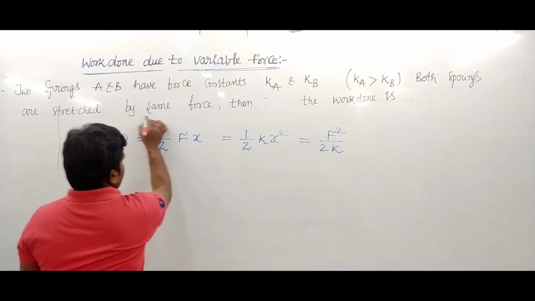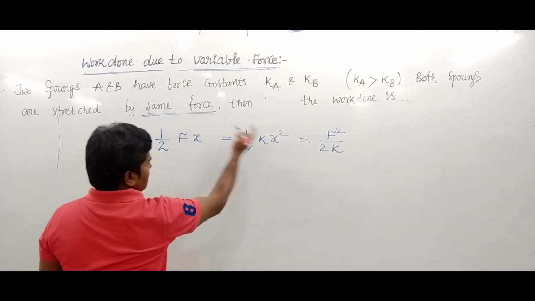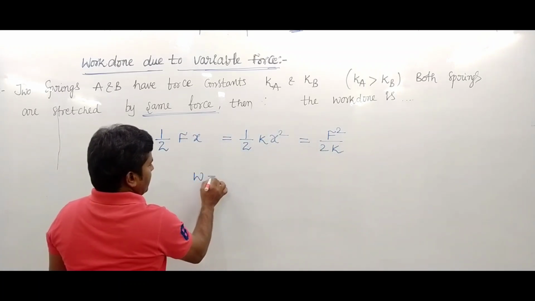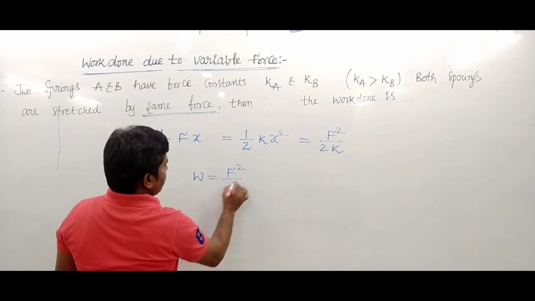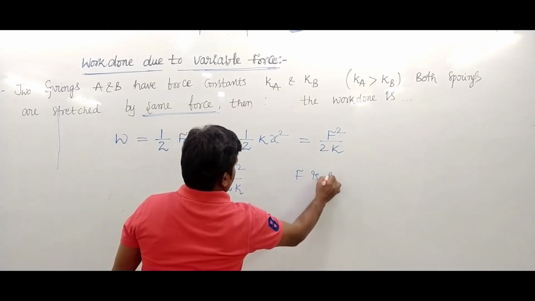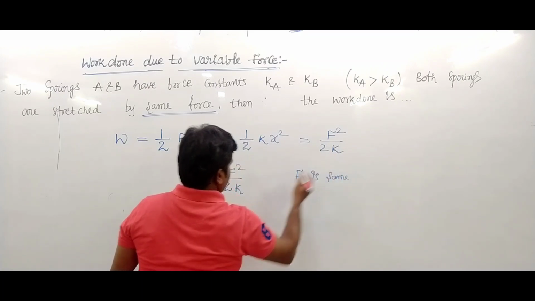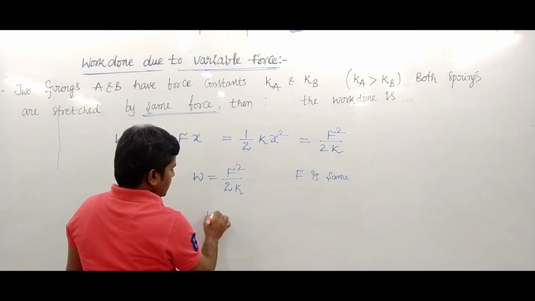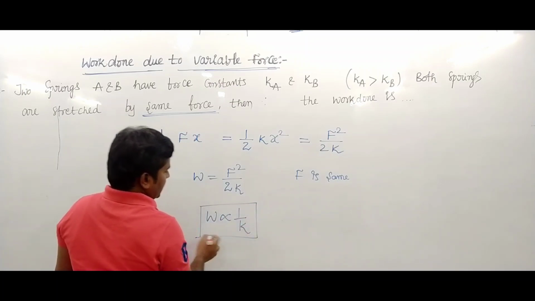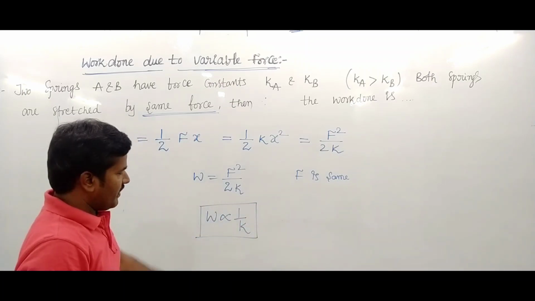The condition given is that the same force acts, that means the force is the same. Then work done is W equals F square upon 2k. F is the same, so W is proportional to 1 upon k. F is constant, W is proportional to 1 by k.